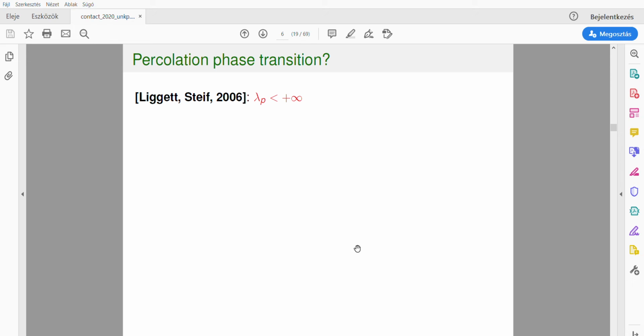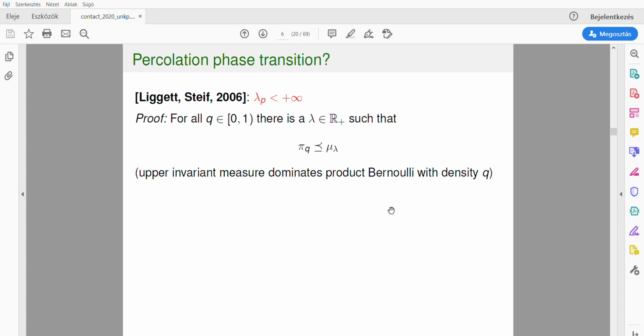That is, if you make the infection rate lambda big enough, and you look at the upper invariant measure of the contact process with rate lambda, then it's going to percolate with probability 1 if lambda is big enough. And the proof goes like this. Well, okay, it's a very sketchy sketch.